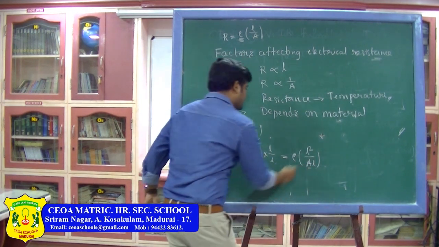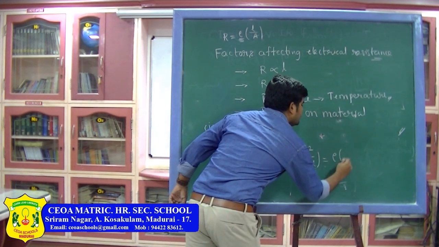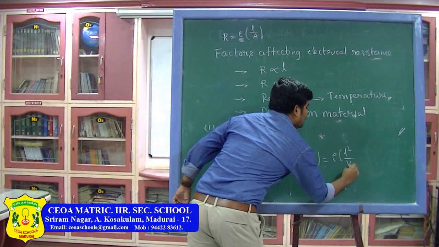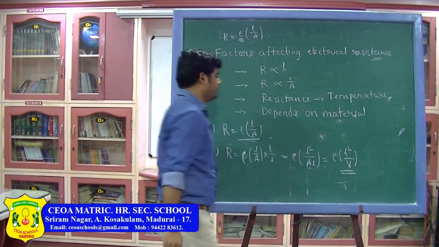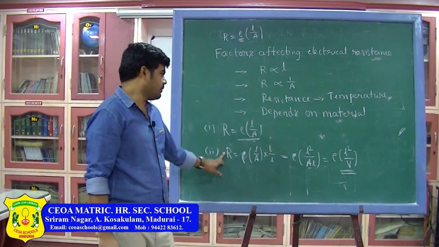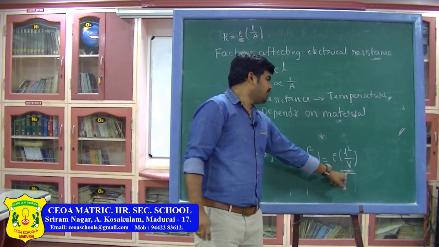So I can write this expression as rho L square divided by volume. This is the second form of the resistance equation: R equals rho L square by V.